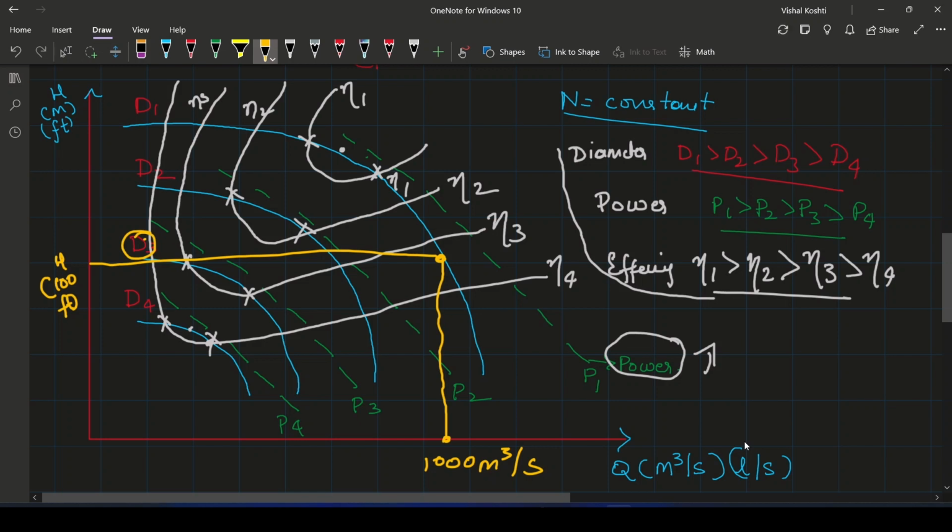But I'll be selecting a pump of a higher power. If I select a pump of higher power, then I'll be given a maximum diameter. So what the manufacturer does, or what the user does, according to his requirement, is trim down the impeller size.